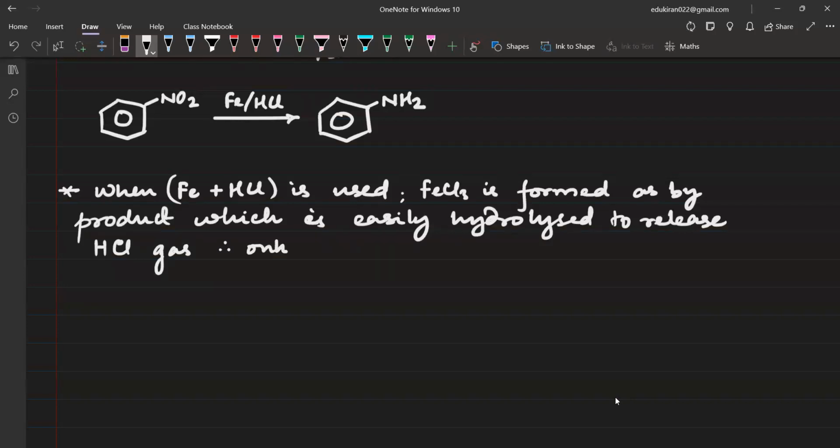Therefore, only a small amount of HCl is required.